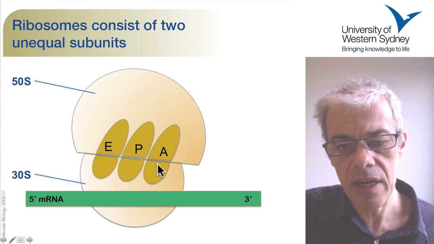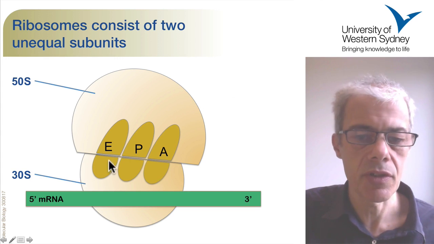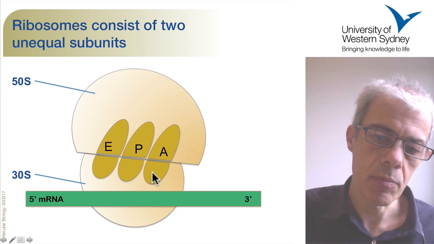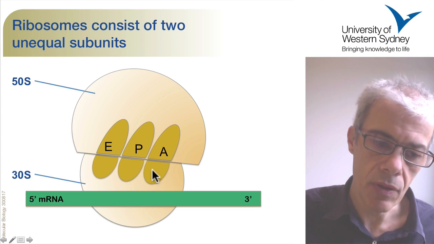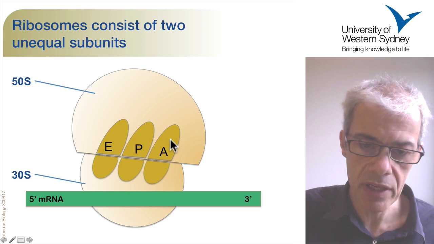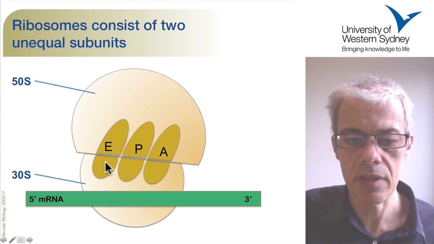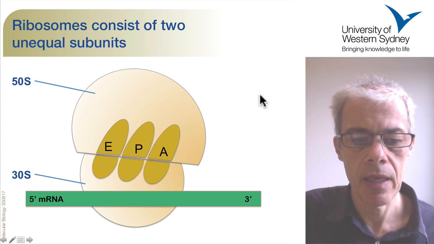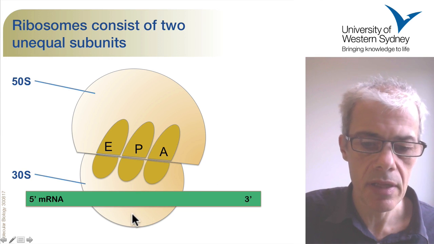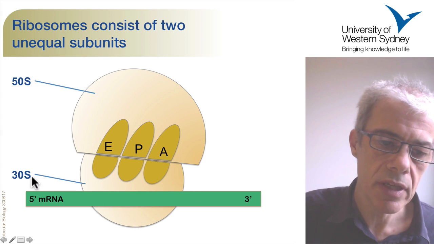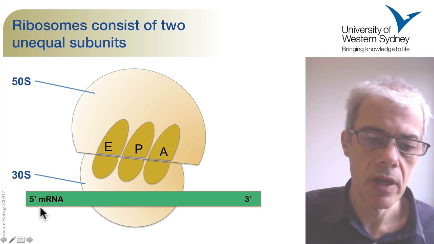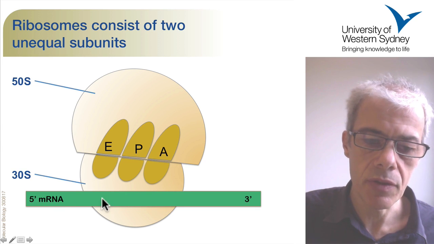But you'll notice these sites span the two subunits. So the A site is made up of part of the 30S subunit and part of the 50S subunit, as are the other two pockets. They span both subunits. And if you also note here that the smaller 30S subunit of the ribosome is shown binding to the messenger RNA.